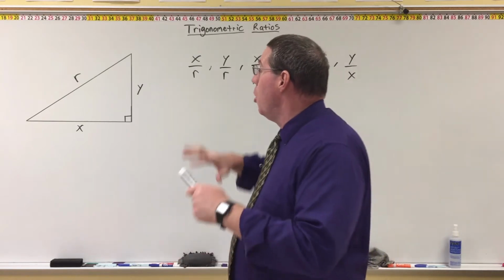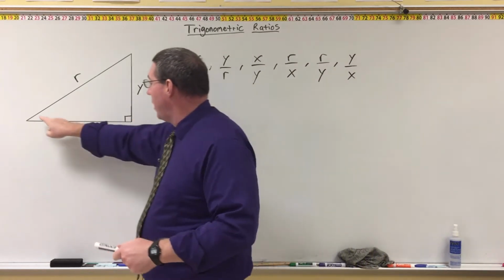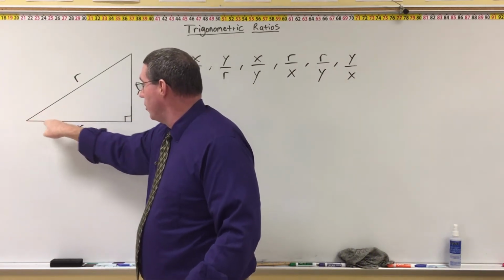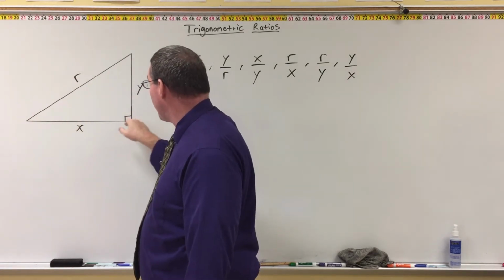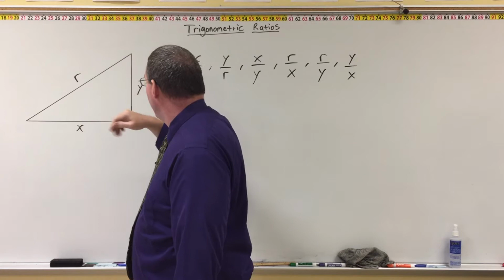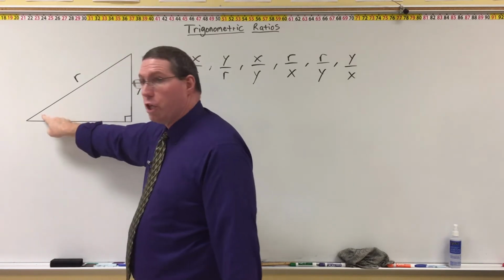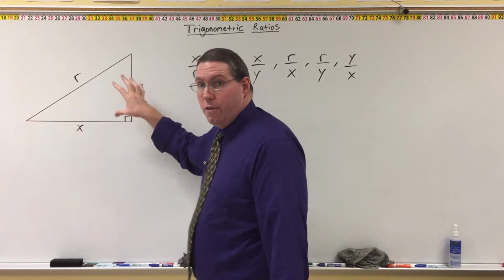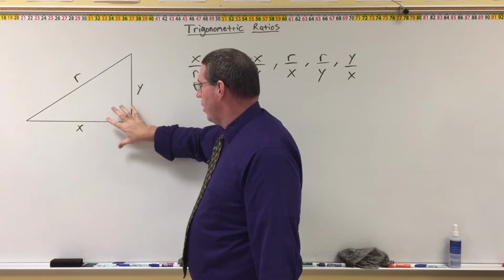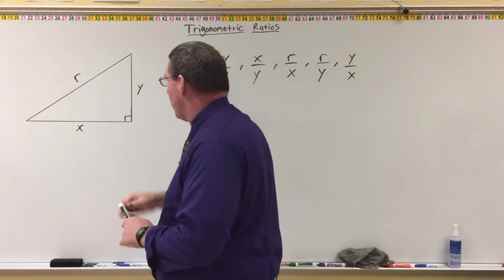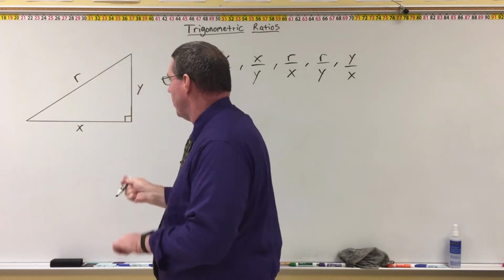If we pick one of the angles, there are 3 angles in the triangle. We always have a 90-degree angle, and then we have an angle up here. These are the 2 acute angles of this right triangle. The 90-degree angle doesn't change, so we're not going to name the sides relative to it.